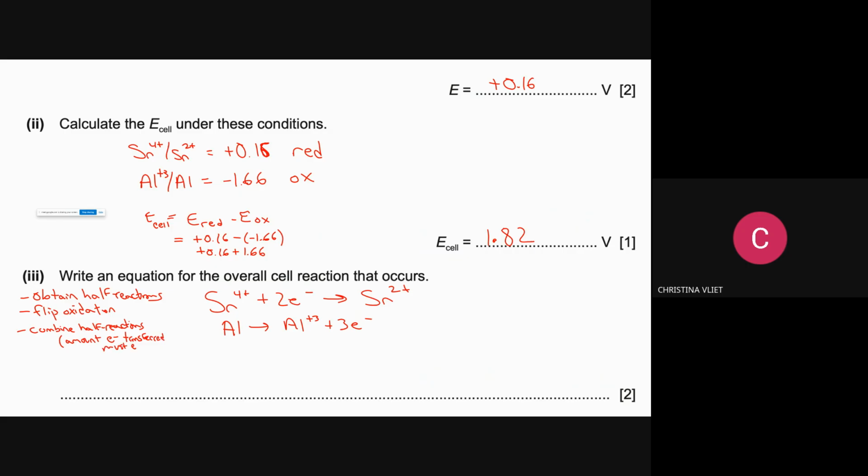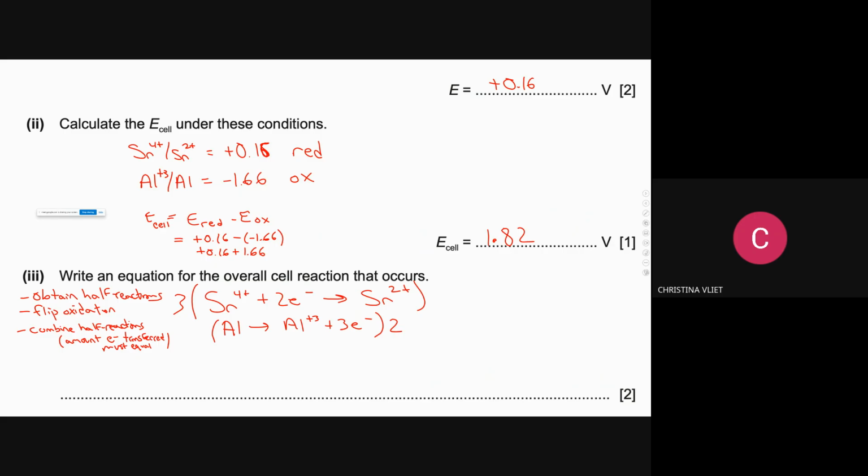And if they don't, what were we supposed to do? This is 2 electrons and this is 3 electrons. What are we supposed to do to make them the same? The first number that 2 and 3 go into, which is 6. So multiply the first equation by 3 and the second equation by 2.